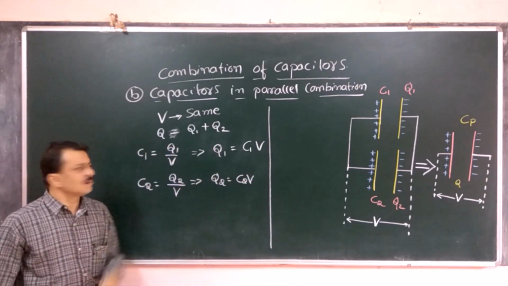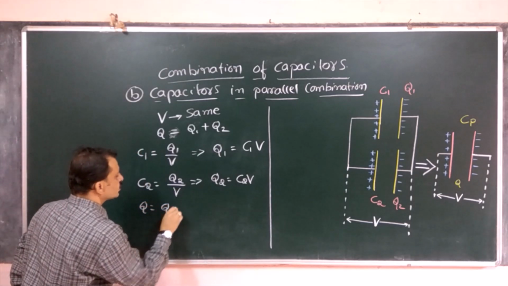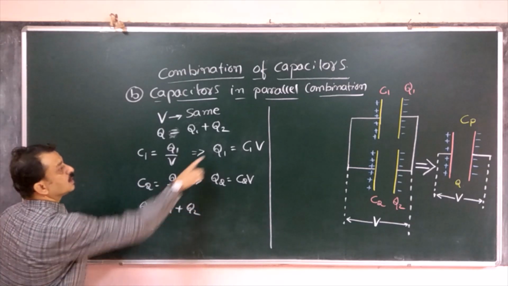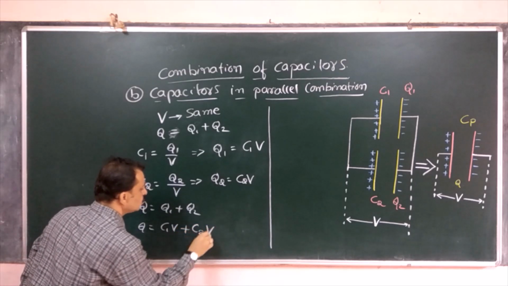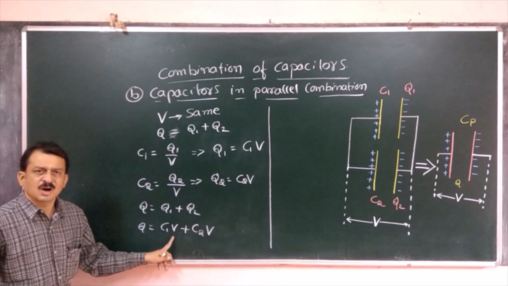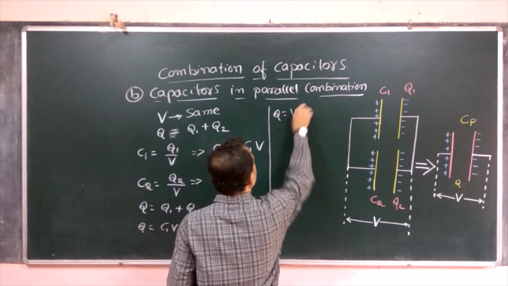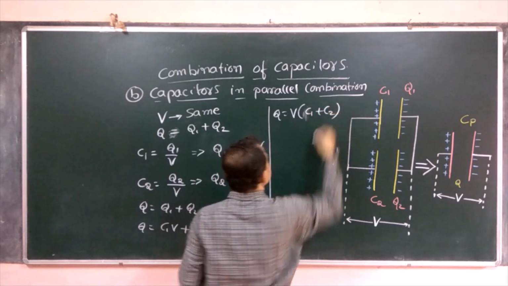Since it is a parallel combination, the total charge Q is equal to Q1 plus Q2. Substituting the values, it is C1V plus C2V. Here V is common, so taking it outside, Q is equal to V into (C1 plus C2).